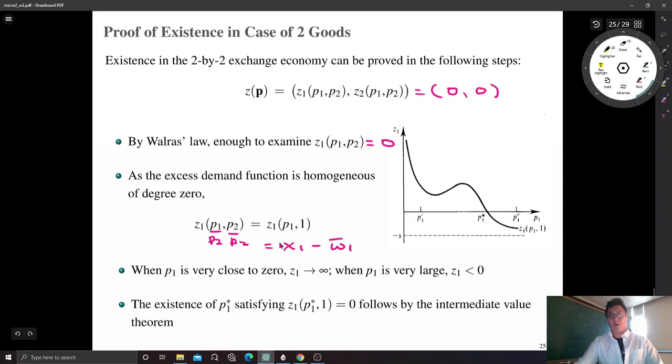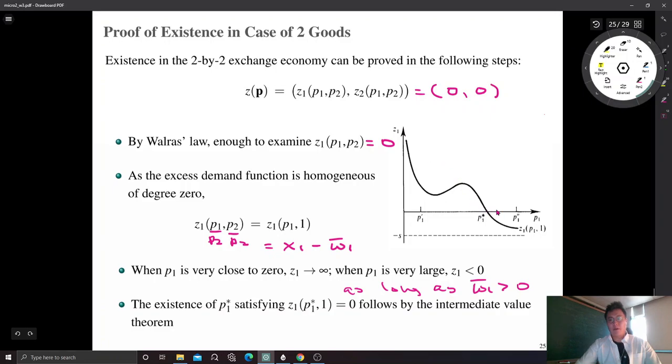So x1 will be very close to 0. As long as omega 1 is strictly positive, the excess demand function takes a negative value. So by using the third and fourth properties of the excess demand function, we know when p1 approaches 0, z1 goes to positive infinity.